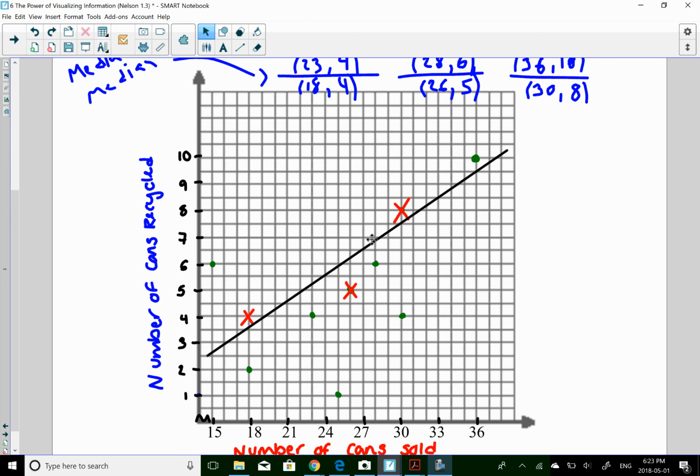Just a little bit. So again, the slope does not change because you're just putting the ruler there and you're moving it a third towards the other one. Okay.